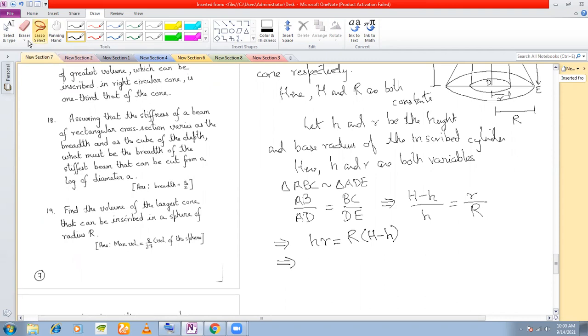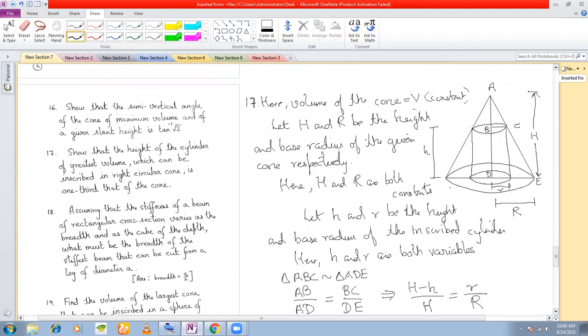A better way to calculate here, because H is on both sides: this AD is capital H, not small h. You see in the figure, AD is capital H, right?